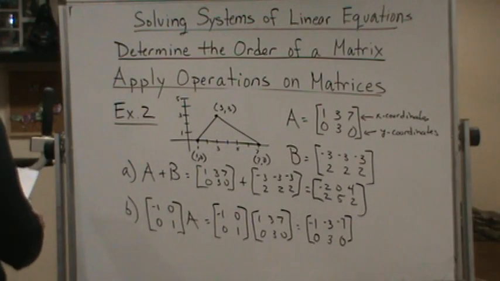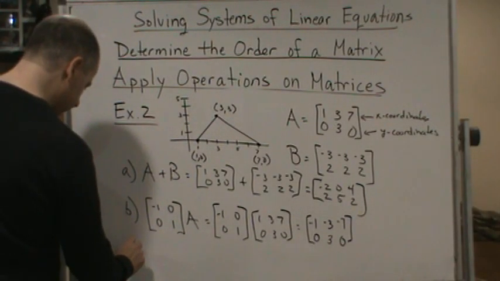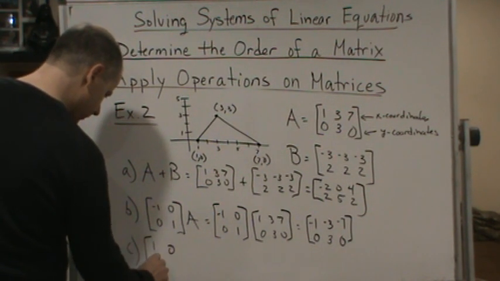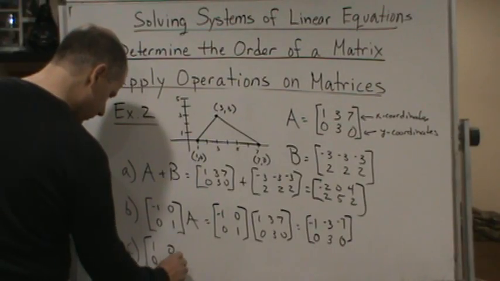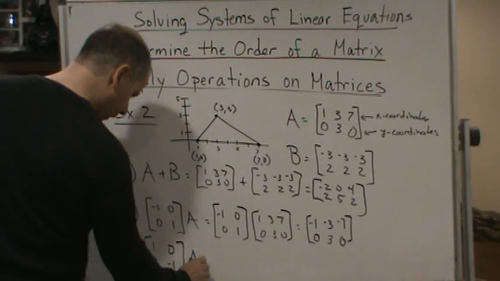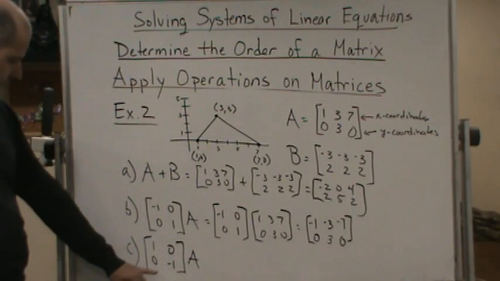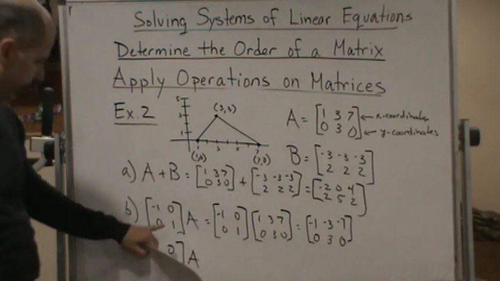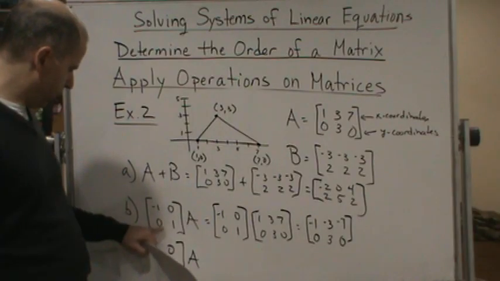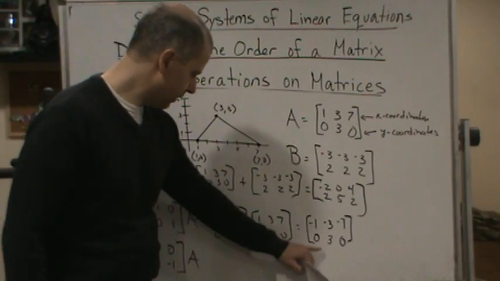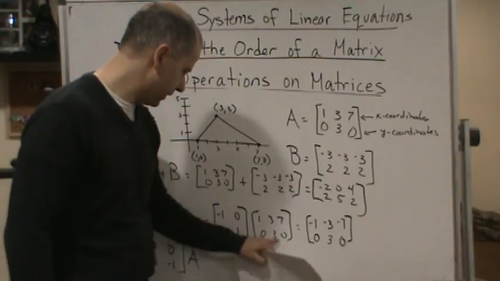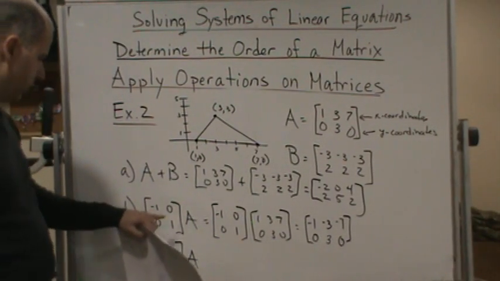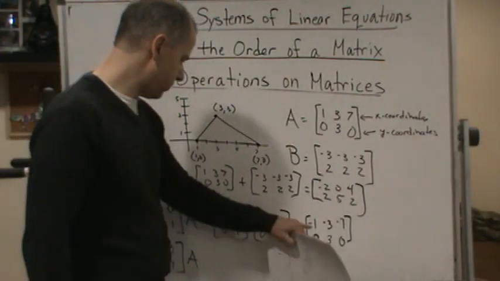What about this one? Now what do you think is going to happen here? If I have this, what do you think this is going to do? Now the negative is on this coordinate. Now over here, all this row did was repeat this row, and this row took the opposite value of this row.